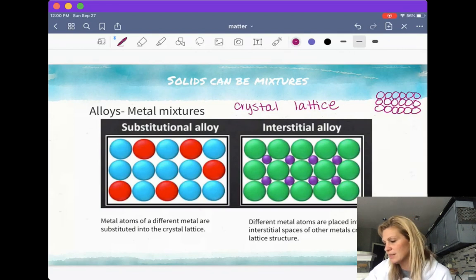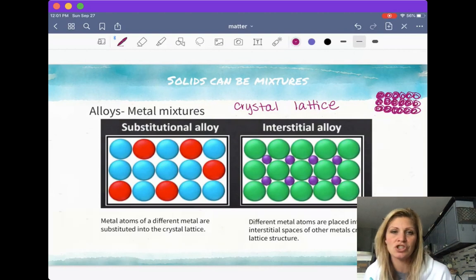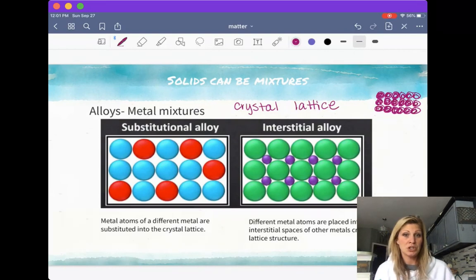So if, let's say this was, let's use copper. So this is our copper crystal lattice. Well, what we can do is we can take out some of these copper atoms and we can put in another type of atom, metal atom, and it would form a mixture. So a substitutional alloy is going to be metal atoms of different metals that are going to be substituted into the original crystal lattice.